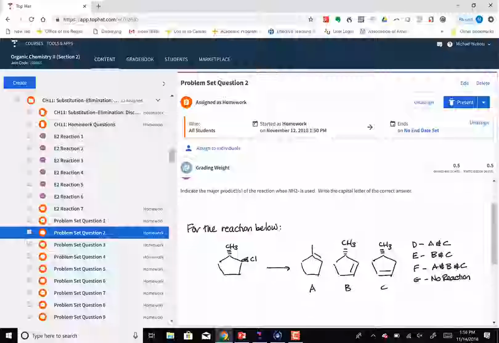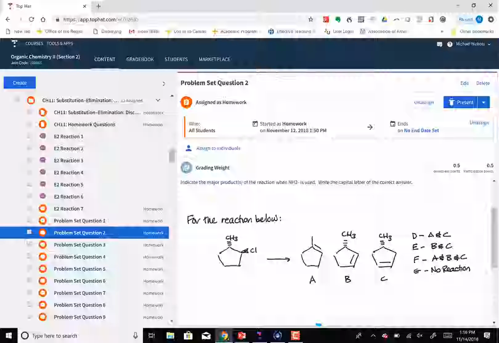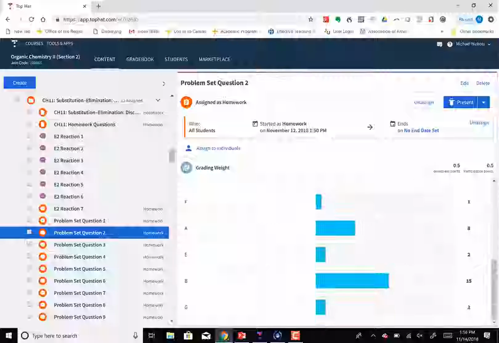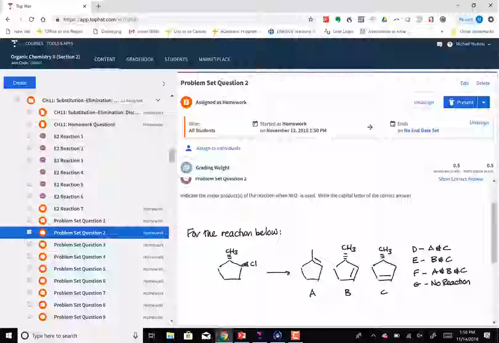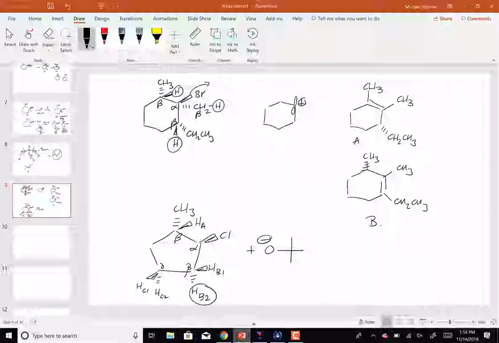Now for the NH2, we're down to 54% correct. And in this case, I'm using NH2 minus. Going back to the original molecule, what's the only hydrogen that can be removed? HB2.